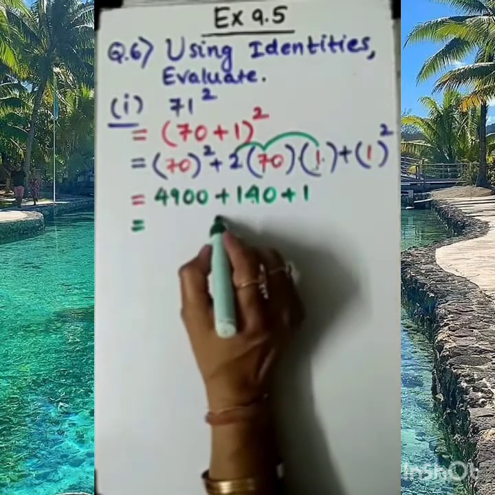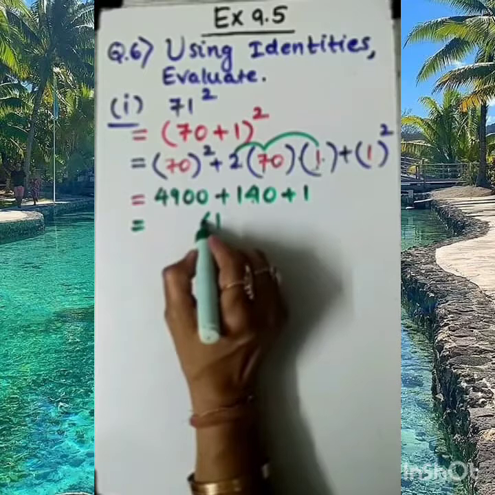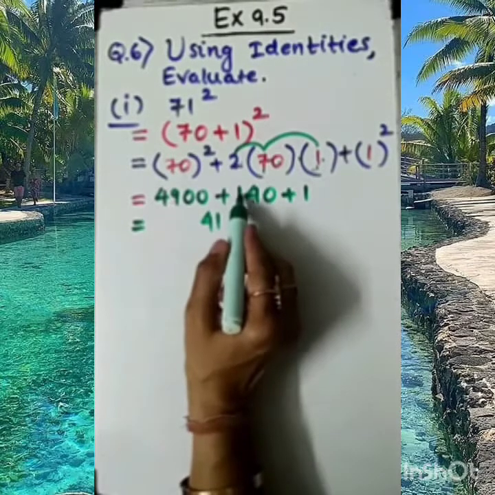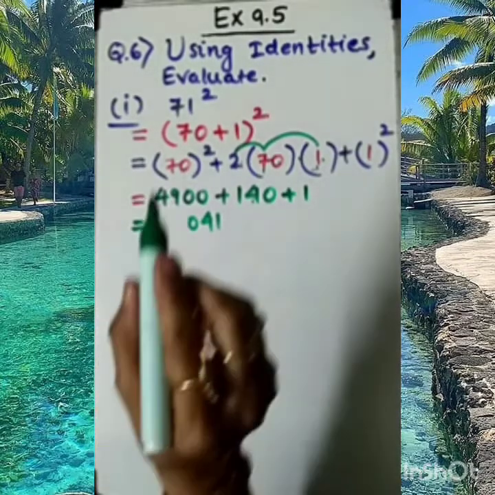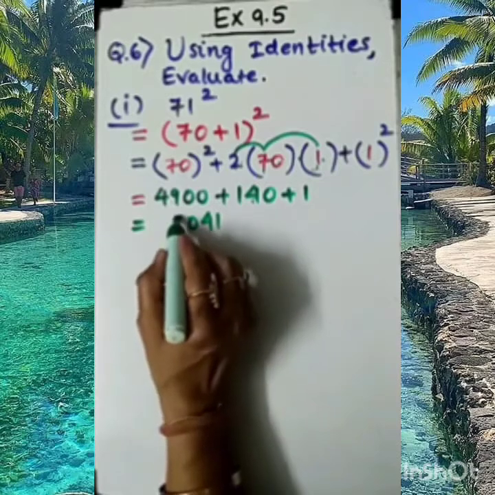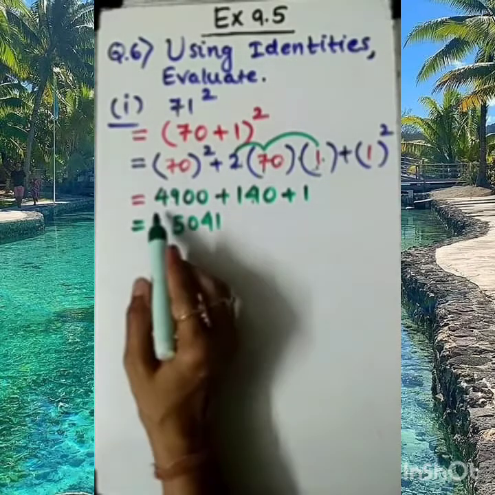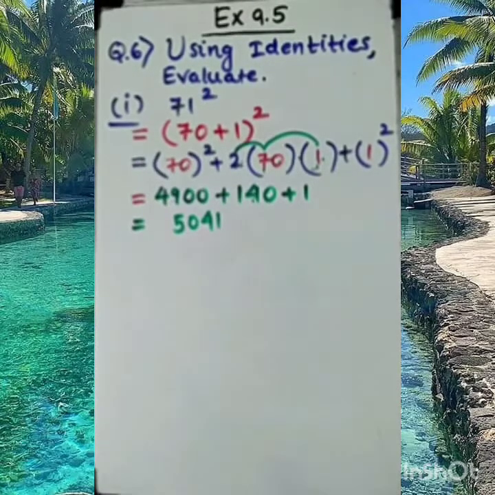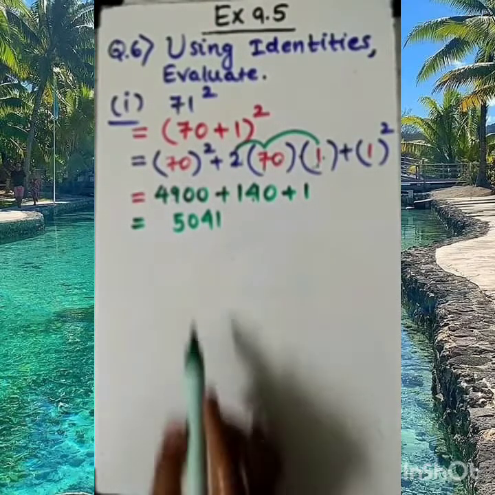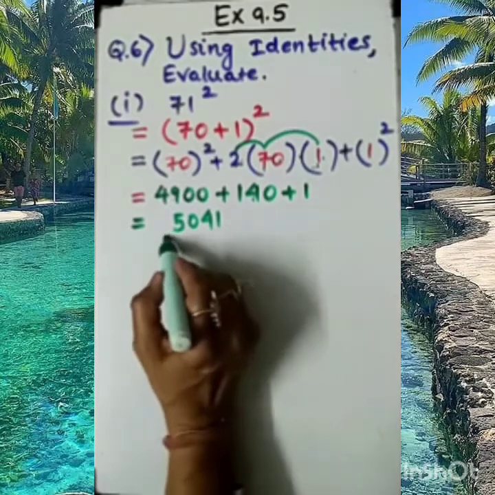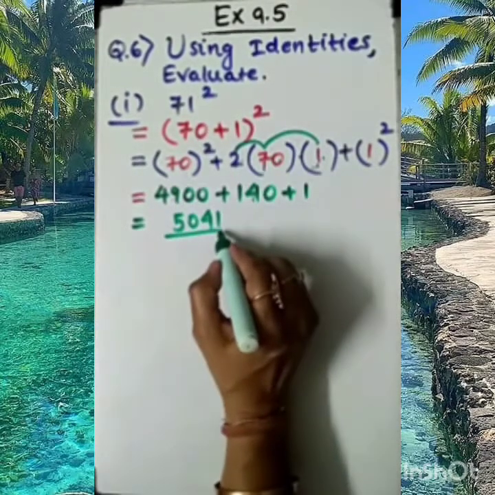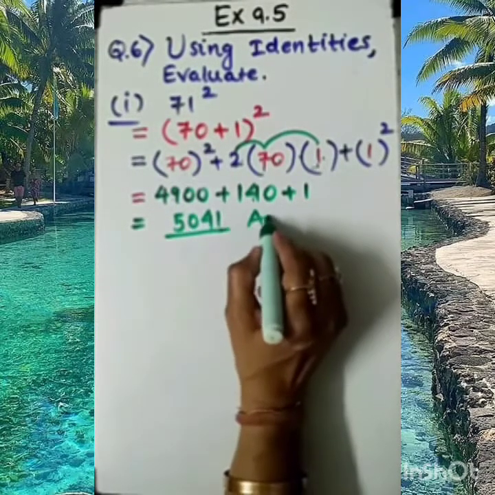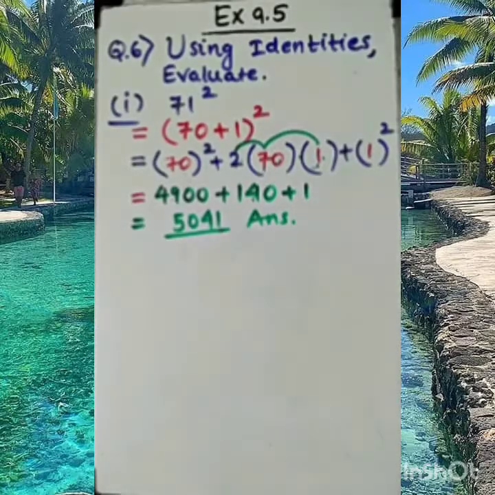Here we have 1, this is 4, and 9 plus 1 is 10, so 0 and 1 carry over, 4 plus 1 is 5. So after adding, without multiplying we are able to find the square of this number, which is 5041, our answer.